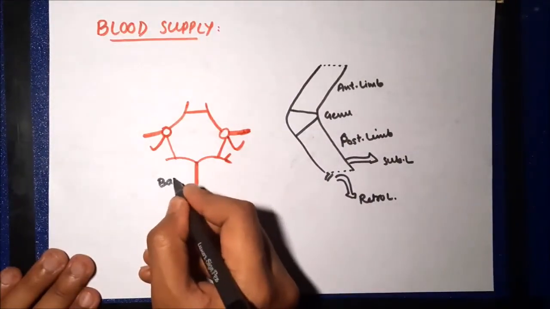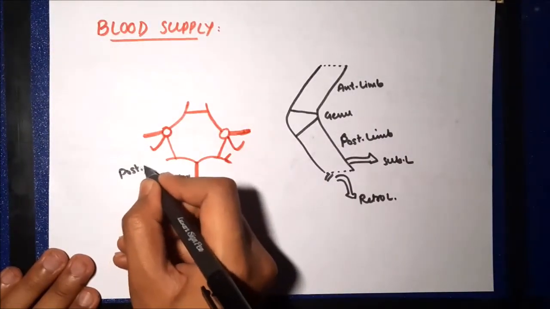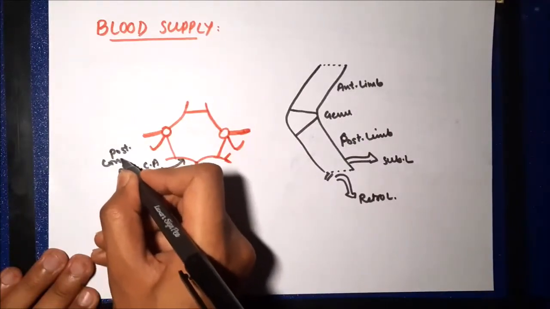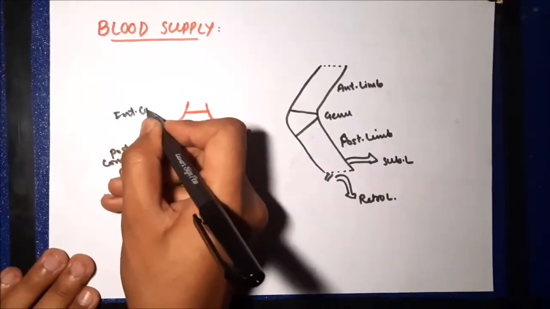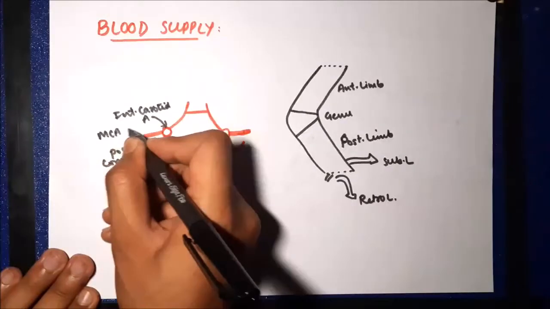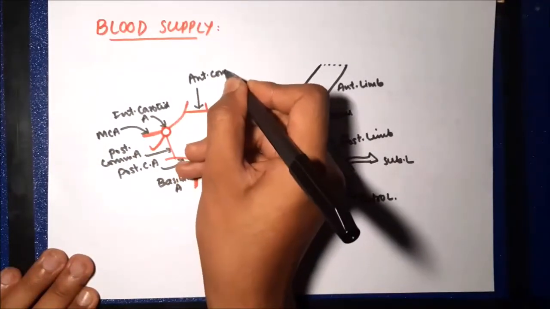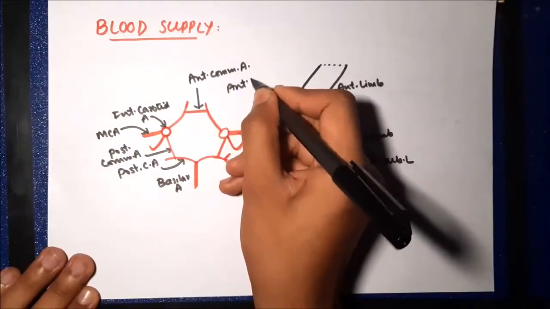Now let us go through these arteries again and name them. This is the basilar artery, and these two branches are the posterior cerebral arteries. This is the posterior communicating artery, this is the internal carotid artery, this is the middle cerebral artery, a branch of the internal carotid artery. This is the anterior communicating artery which connects the anterior cerebral arteries.